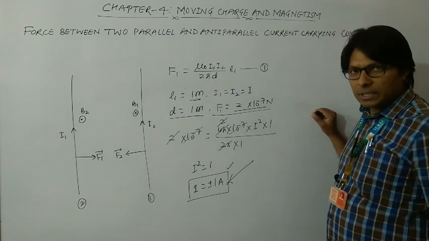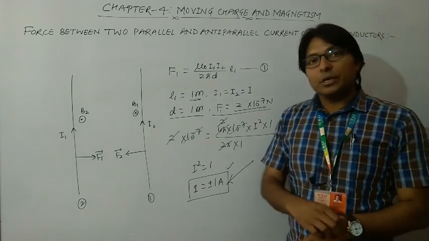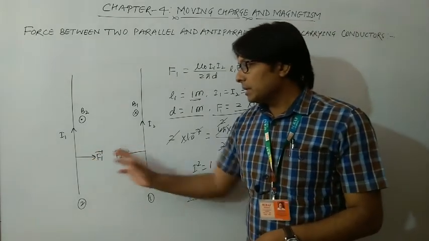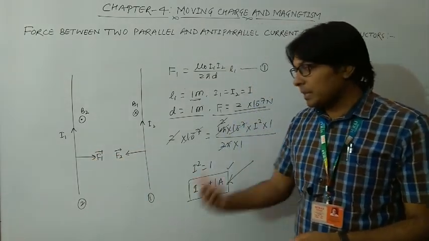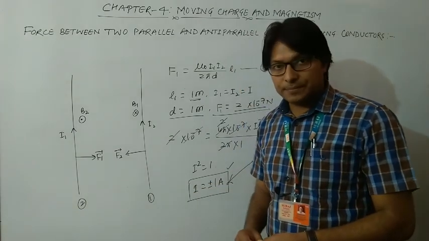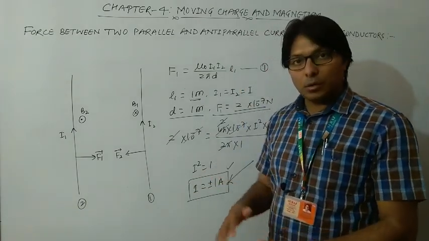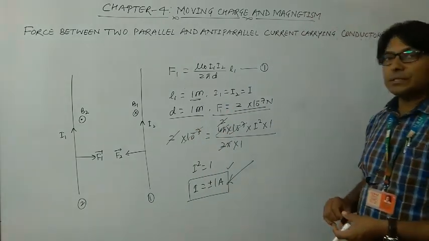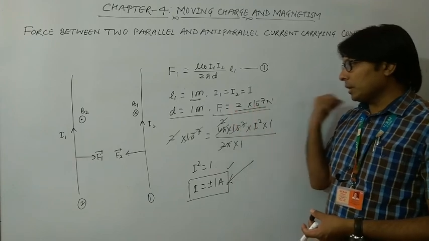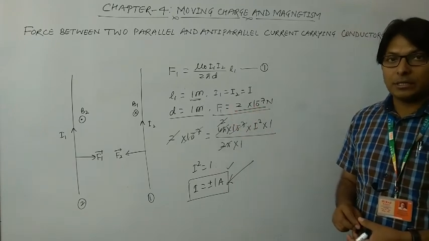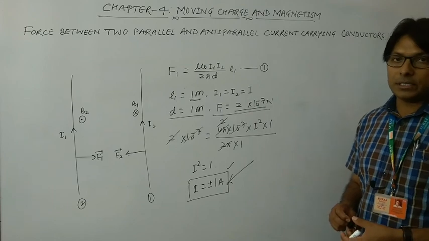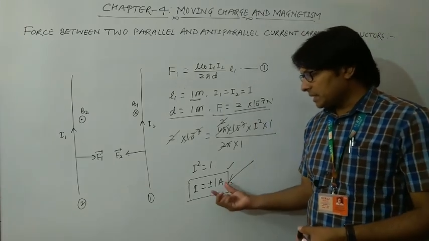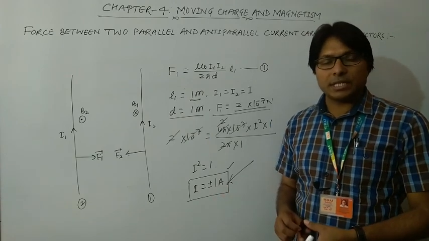Or in other words, if an equal amount of current flows in two conductors which are placed at 1 meter distance and have a length of 1 meter, and they exert a force equal to 2 into 10 minus 7 Newton on each other, the value of that equal current flowing through those wires is defined as 1 ampere.